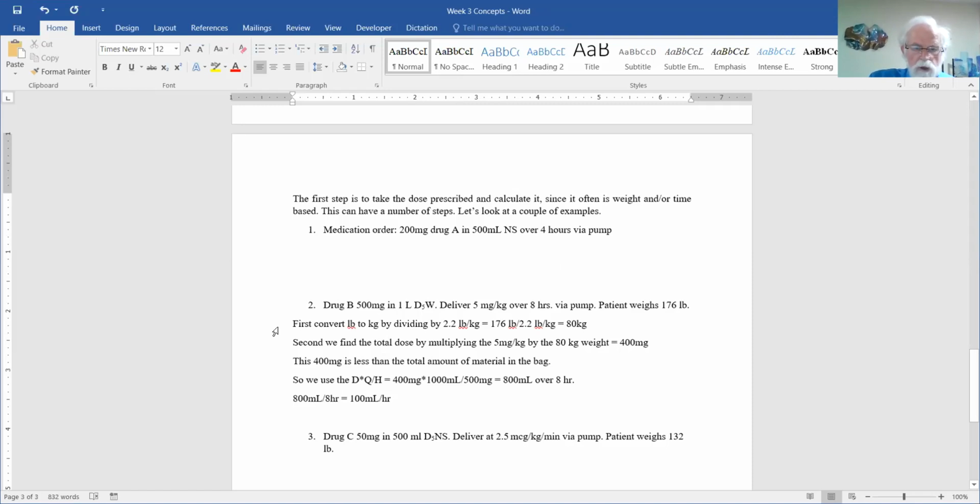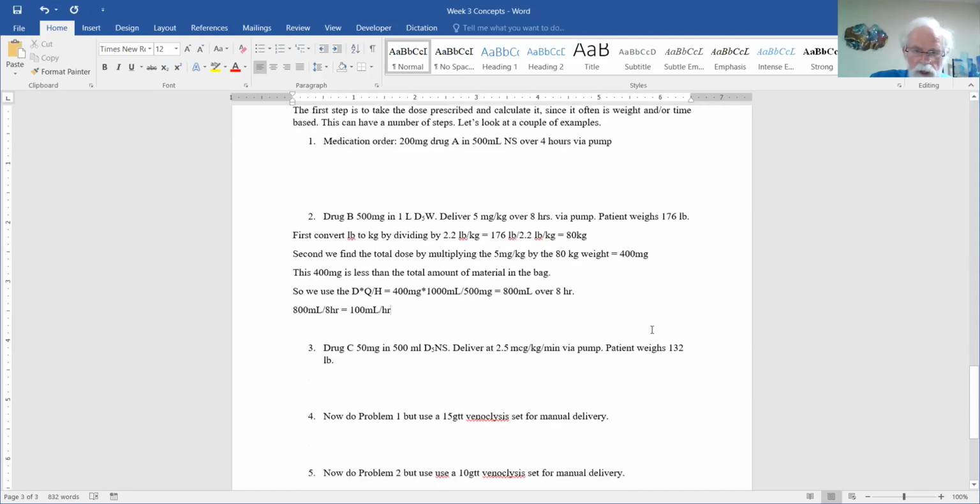So the key here is always figuring out the total dose that's going to be given to the patient, and then go back to the formula that we use: dose prescribed times the quantity, the vehicle, divided by the dose on hand. In this case, we have to be able to identify what these are. We calculated the dose prescribed based on this set of information.